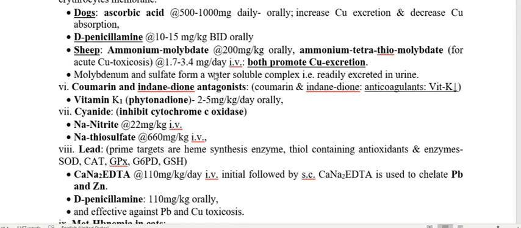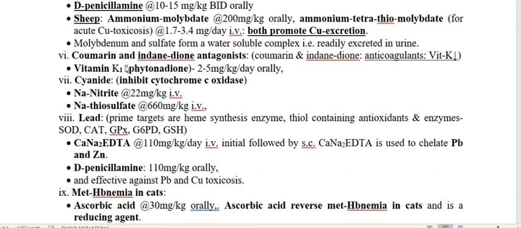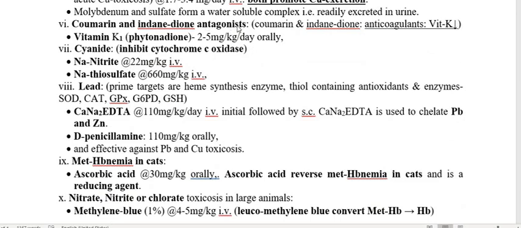Other than that, now we have to go through other toxicities. If the toxicity is because of anticoagulants like coumarin, indandione, or warfarin, these are all vitamin K antagonists. So we give the drug which enhances the production of vitamin K1.